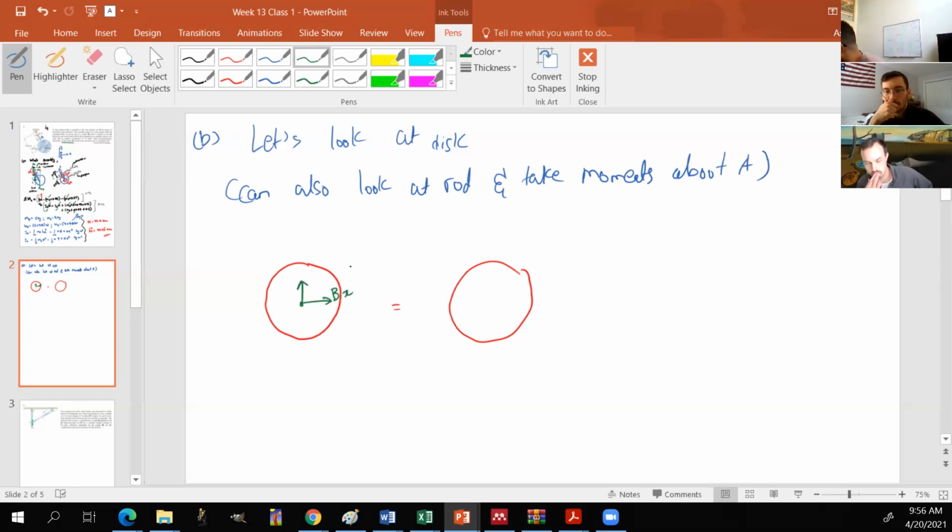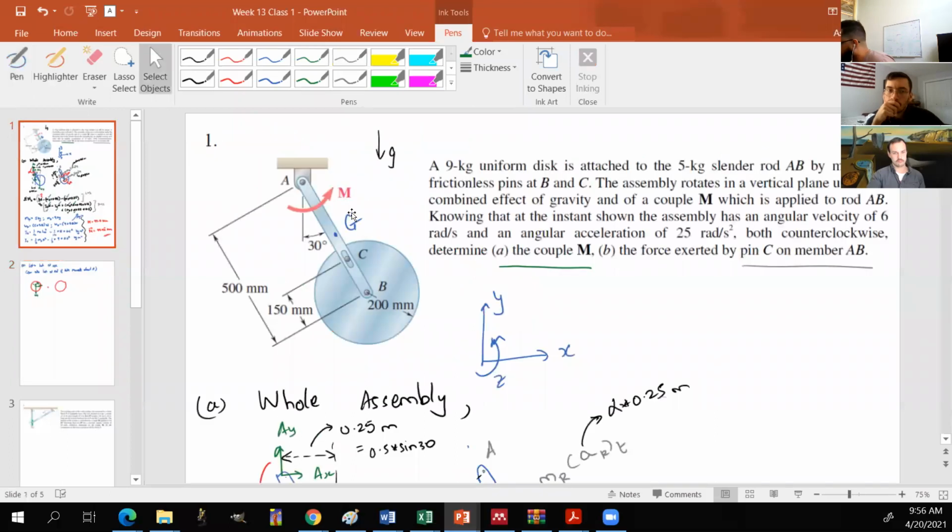So that's going to be Bx and By. I'm going to have the weight of the disk, right? That's just acting downwards. And then at point C, the reaction force is such that it's going to be perpendicular to the line joining C and B, right? Because the pin, it's a slot, right? It's not constrained in two directions. It's only constrained in one direction.